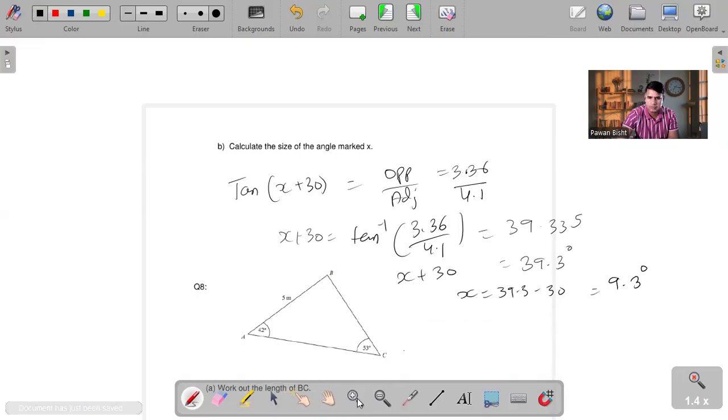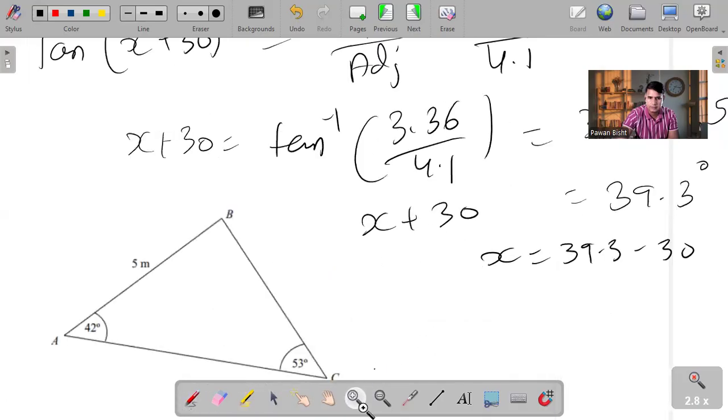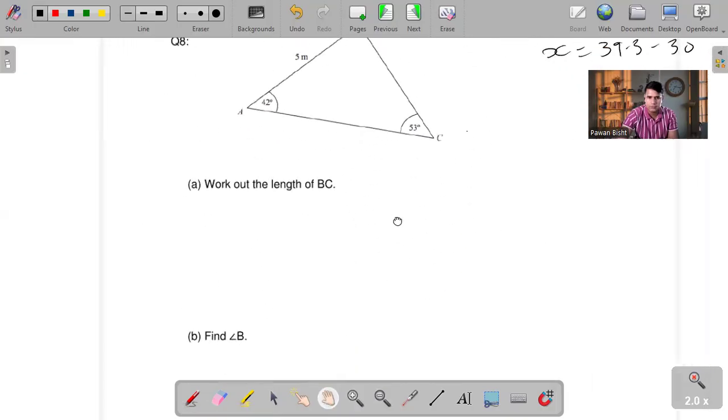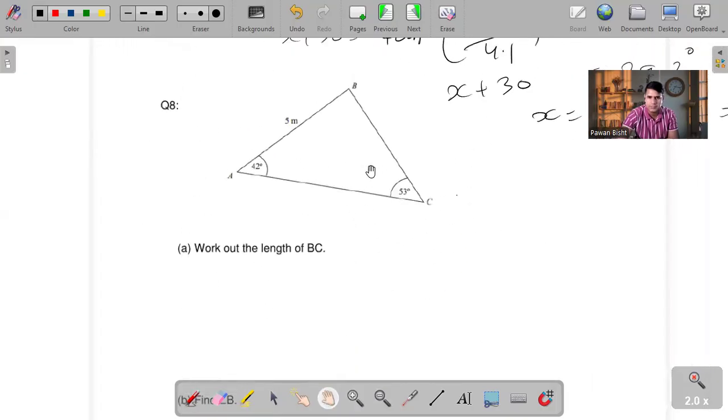Next, question number 8. Okay, now you have to find the length of BC, and then you have to find angle B. You see, the side opposite to angle C is considered as small c, and the side opposite to angle A is considered as small a. So you have to find BC, right? So we apply sine rule.